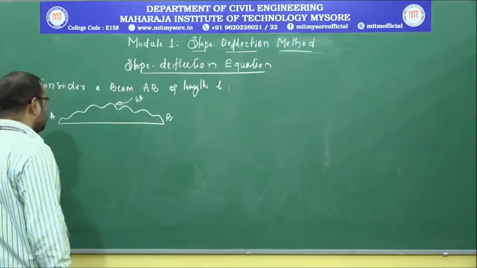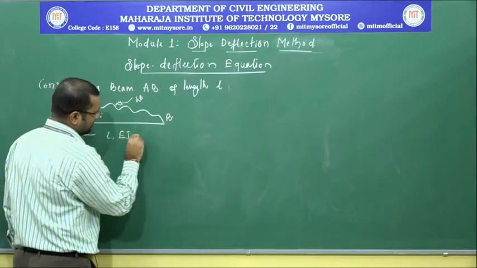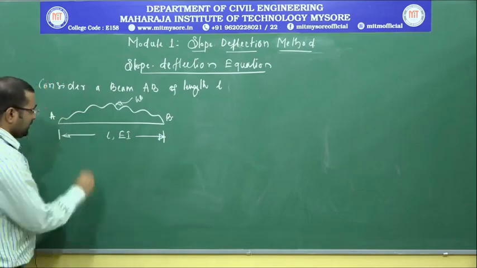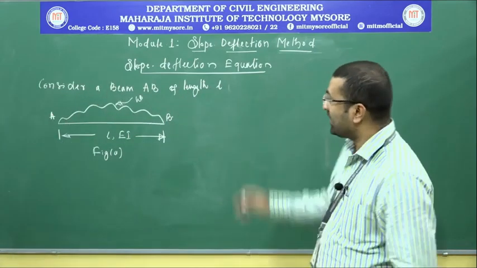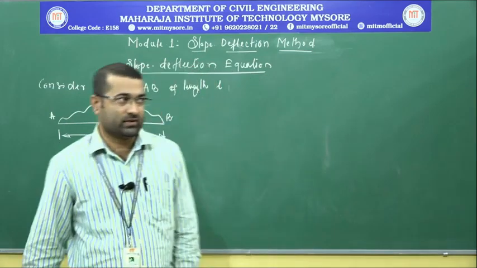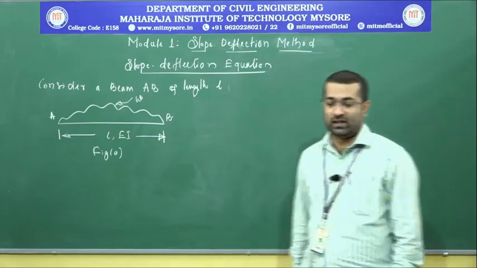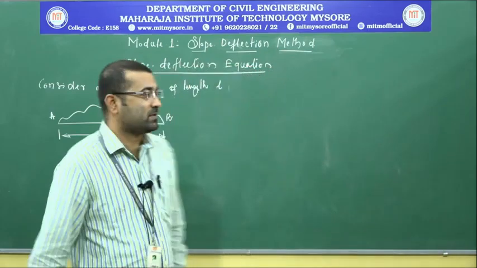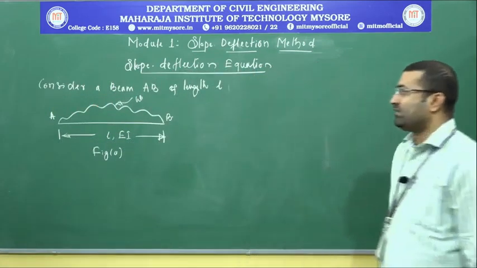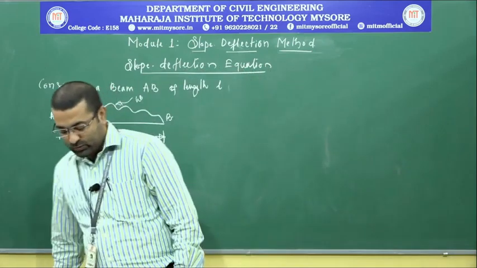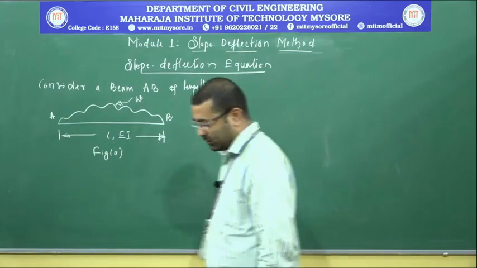So whenever a beam which has a length L and let us say its EI value is constant, is subjected to some kind of loading, it will undergo deformations. The deformations may be rotations at the ends A and B, theta A and theta B, or it may be a translational displacement, like a deflection at B or a deflection at A. So, let us consider all those possible deformations in the beam so that we can derive general equations for the slope deflection.